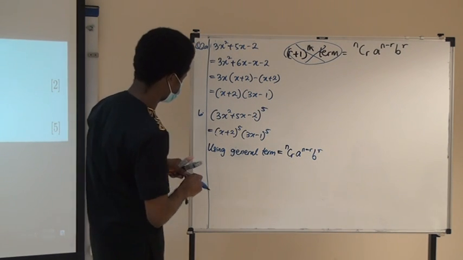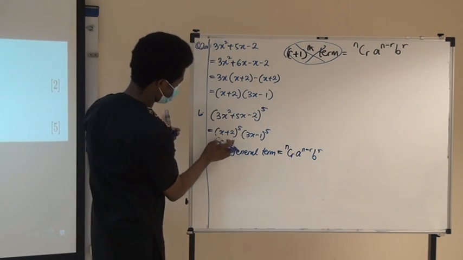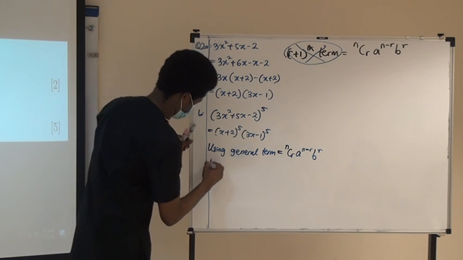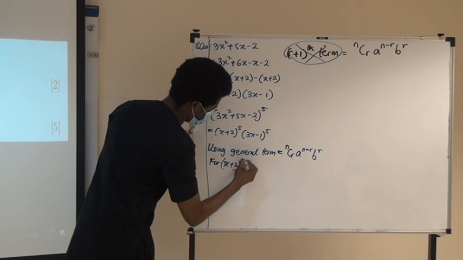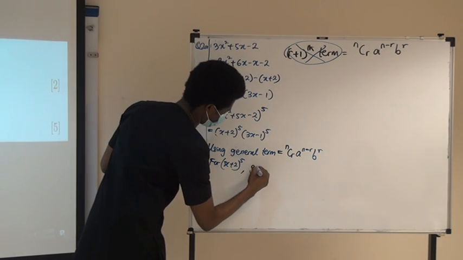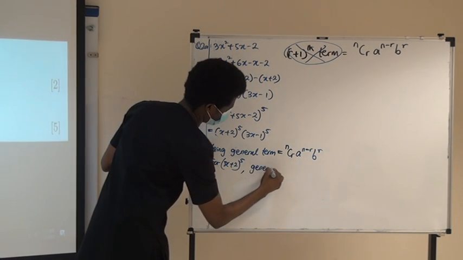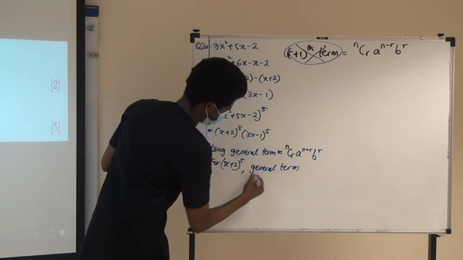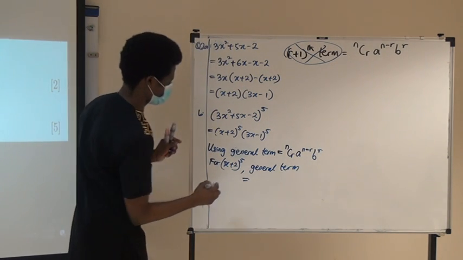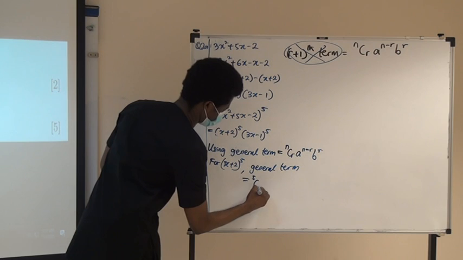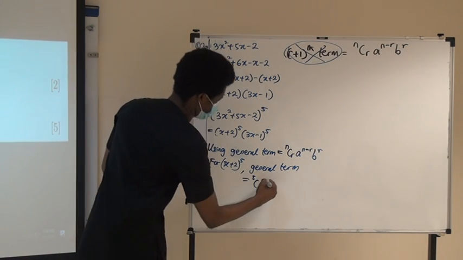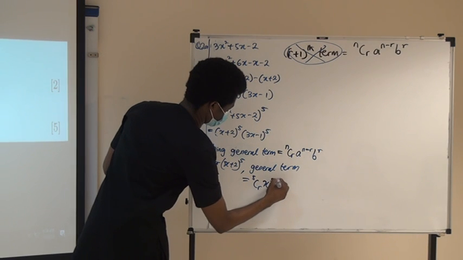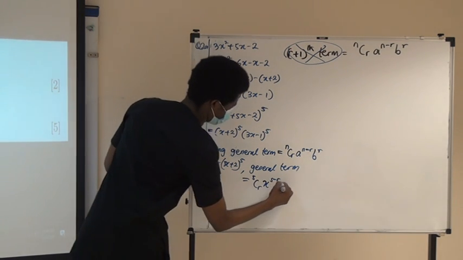So if we substitute for the first one, the general term for this one is what? That is n is 5, combination r, a is x. So x to power what? 5 minus r, then 2 to power r.